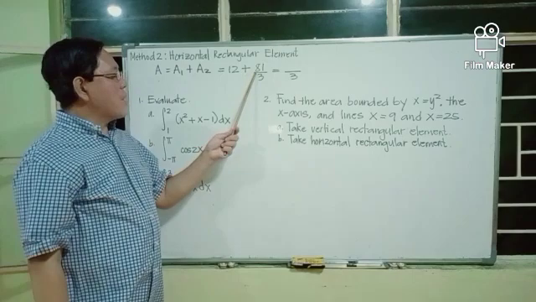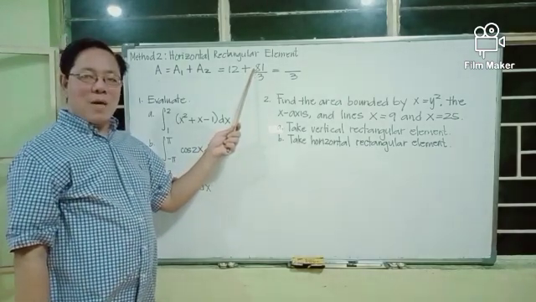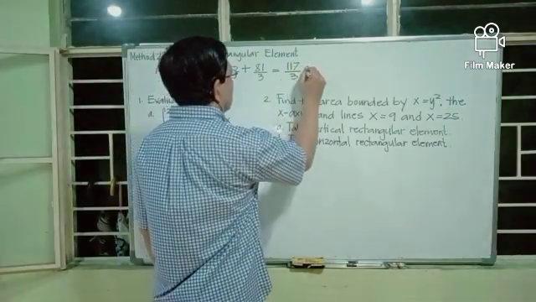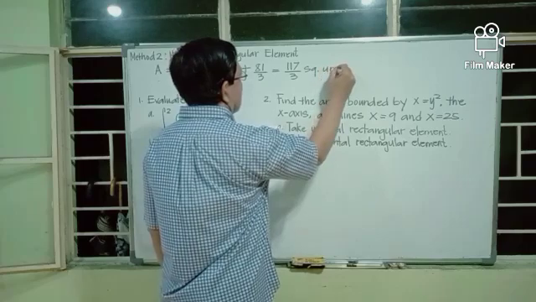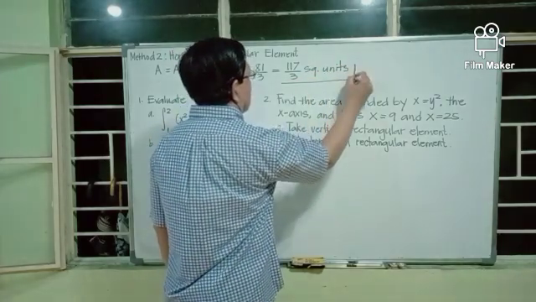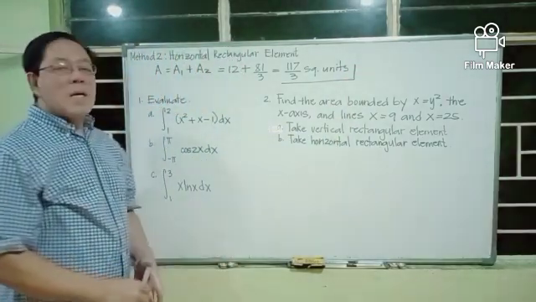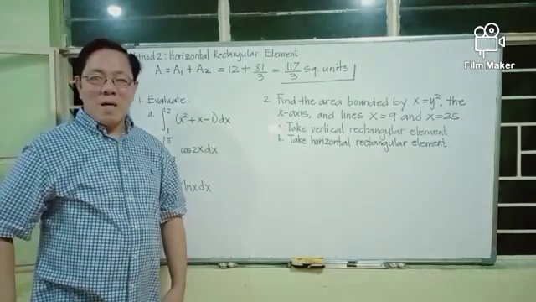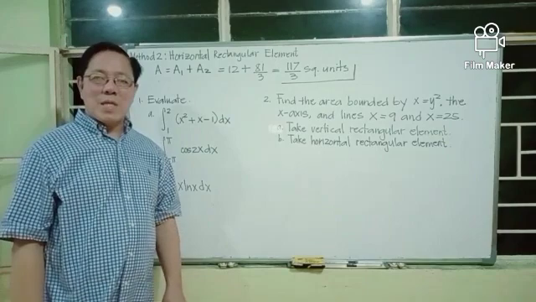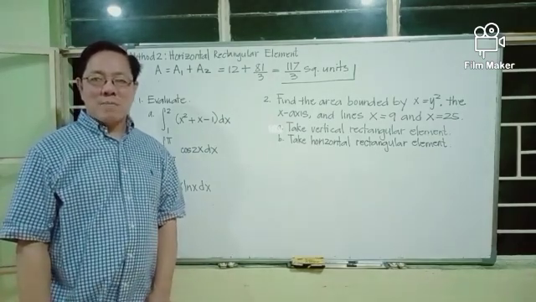And 36 plus 81 is 117. And you can see that we obtained the same area of 117 over 3 using horizontal rectangular element.